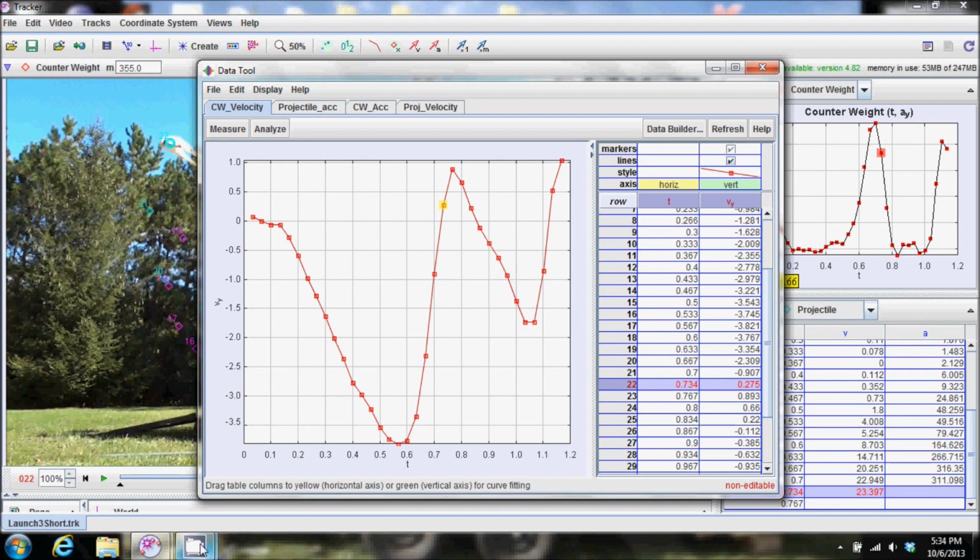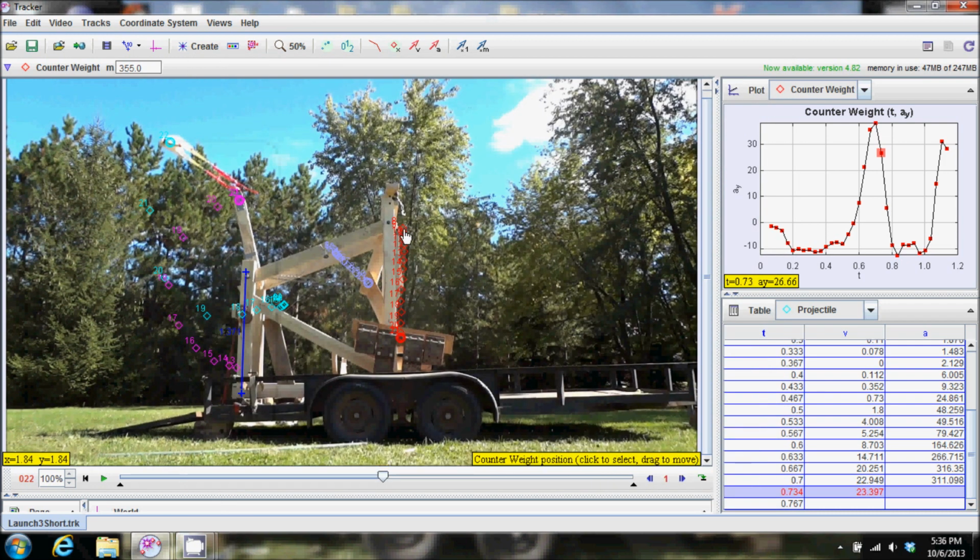So if I got 40% of my energy into my projectile, where did the remaining 60% end up? Well, I think the biggest hog of my energy is my trailer.